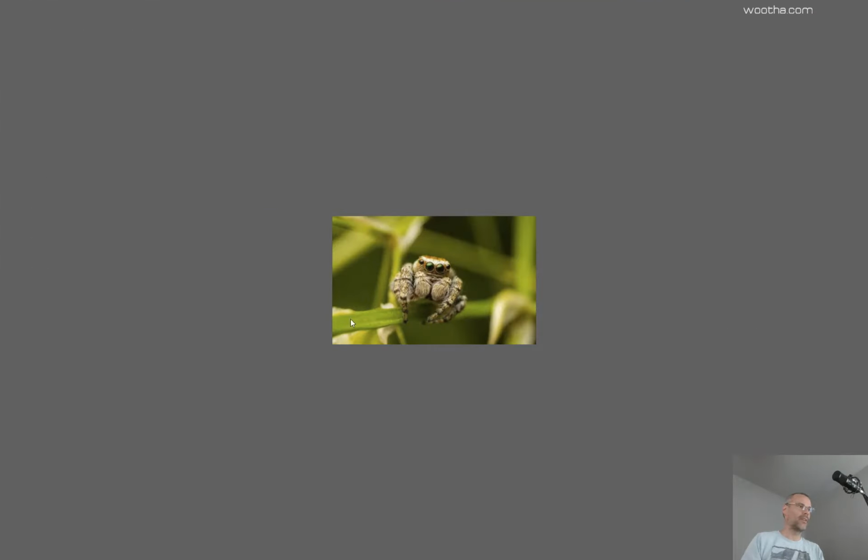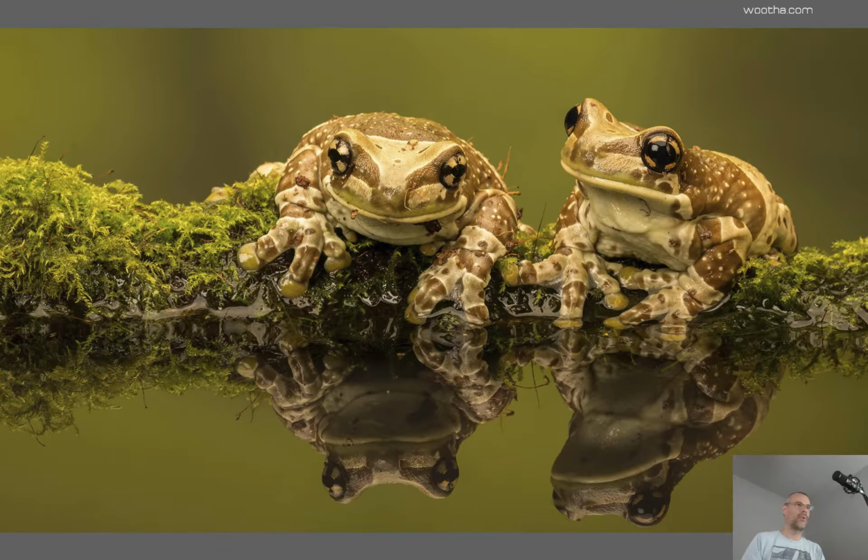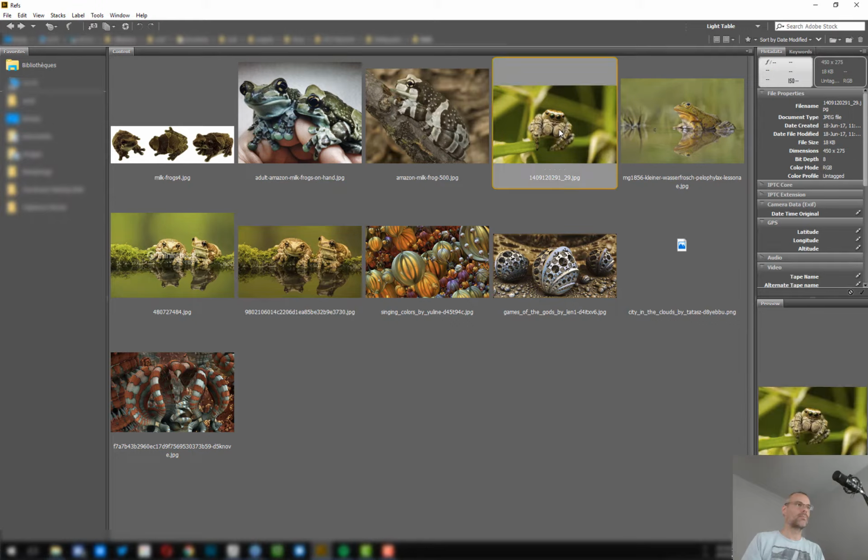I also found, just by messing around in Google Image, this spider, and I really love this spider. I really love the silhouette shape, which is really rounded, which I think has somehow a shape language that can work with this frog.